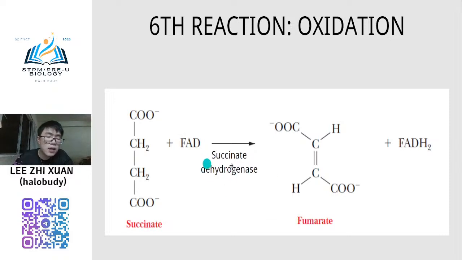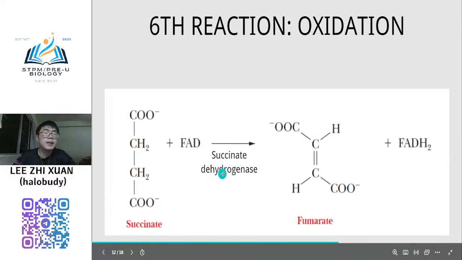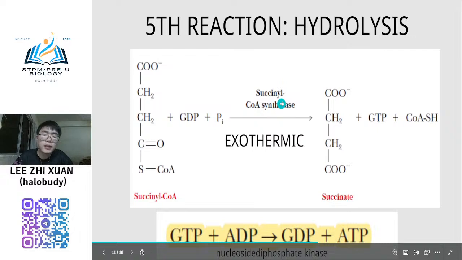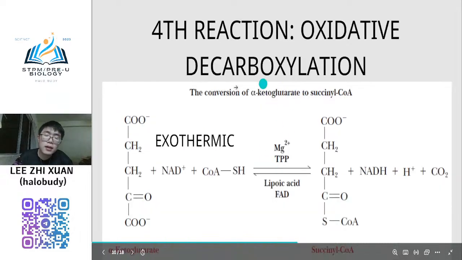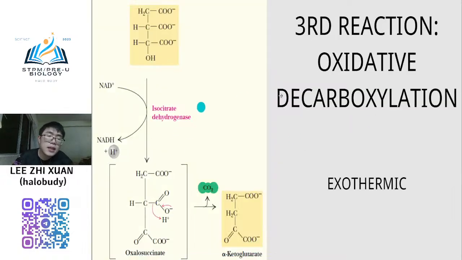So you see here, semua senang je kan enzyme name dia. All of the reactions that involve NAD and FAD, memang dia just succinate tambah dehydrogenase. Kalau yang ni dia just tambah alpha ketoglutarate dehydrogenase, just add complex. And then yang ni just isocitrate dehydrogenase.